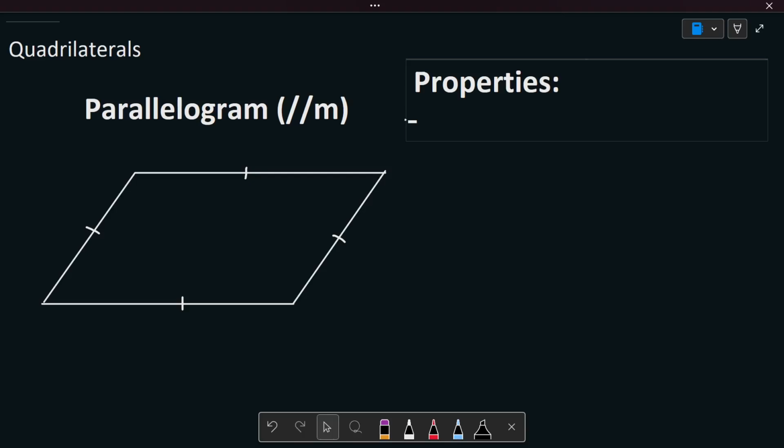I also apologize, these lines are the same. These need to be here as well, because all of the lines are not the same in length. And that is how we represent it. Okay, so we say that two pairs of opposite sides are equal.